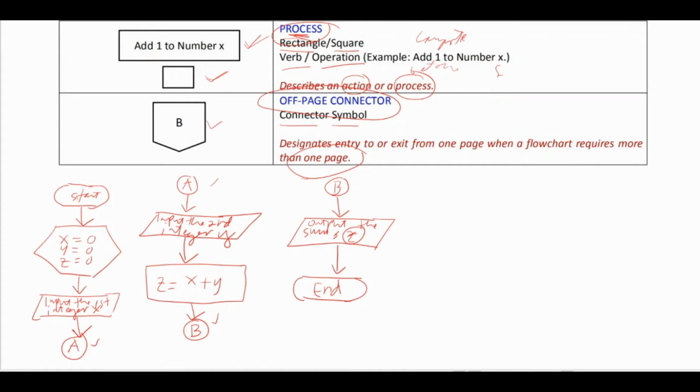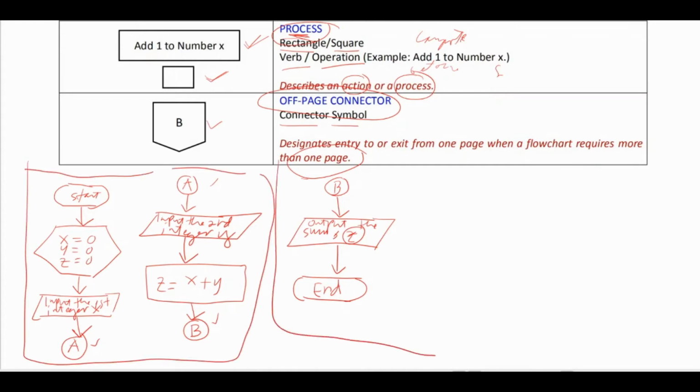So for example, this is one paper and this is another paper. Say this is page 1 and this is page 2. Then after computing the sum, this would be the next, right? Since this is another page, you continue the flowchart on another page or another paper or another board, then you cannot use an on-page connector.